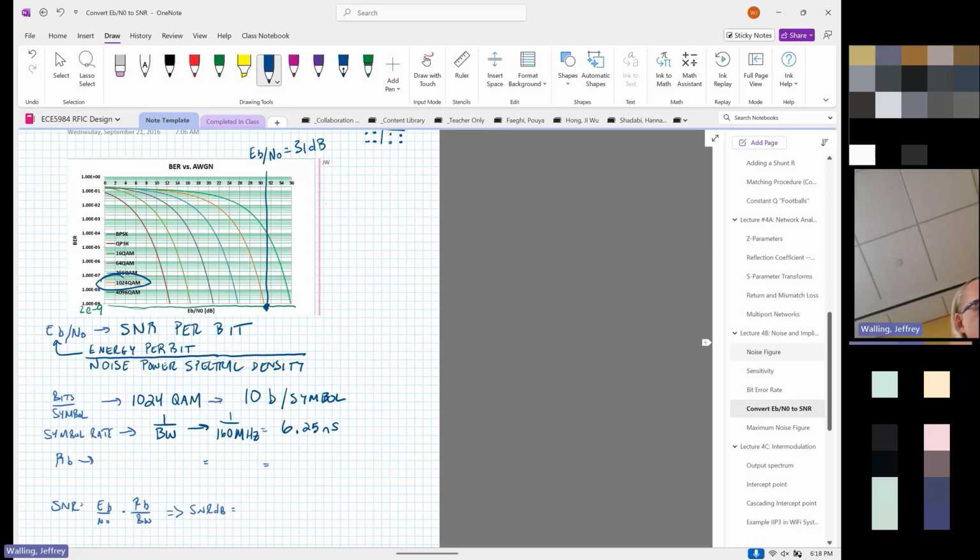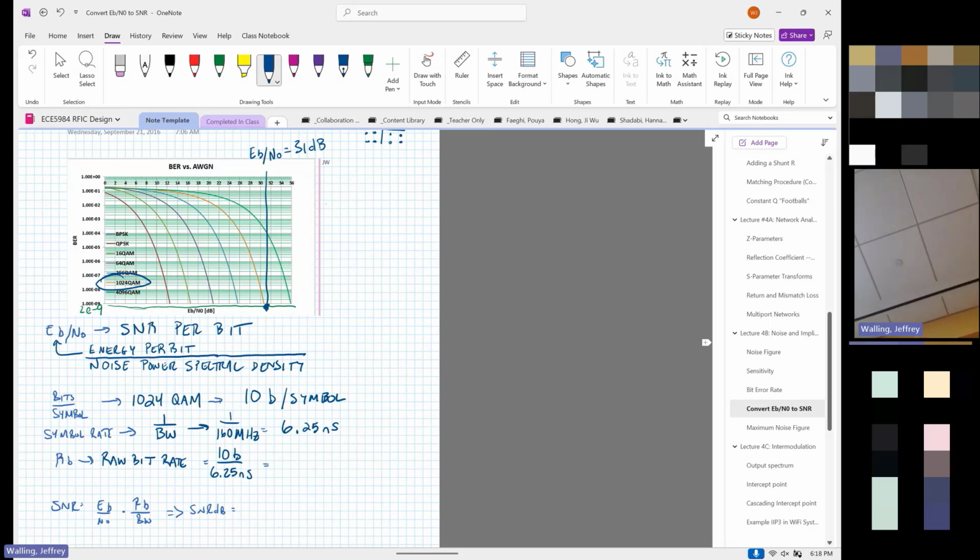All right, Rb is the raw bit rate. Here we're sending 10 bits every 6.25 nanoseconds. Now, this is the total. The raw bit rate means just the total number of bits that we're sending.